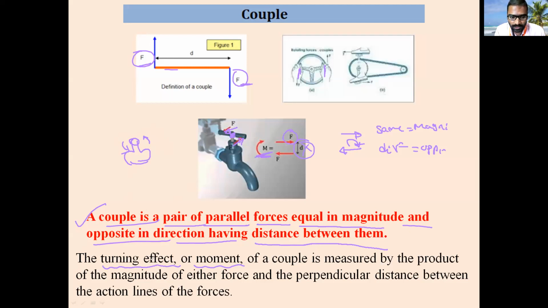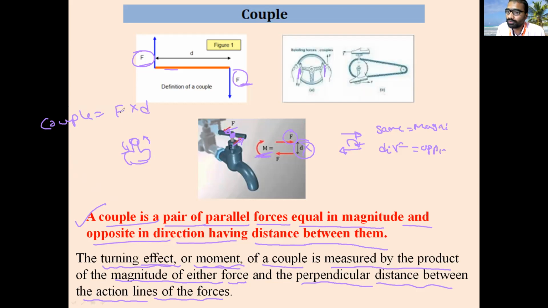The turning effect or moment of a couple is measured by the product of the magnitude of either of the forces, you take only one of the two, and the perpendicular distance between the lines of action of the forces. That is nothing but the couple. So couple is equal to either of the forces into the perpendicular distance between those two lines of action of the forces.